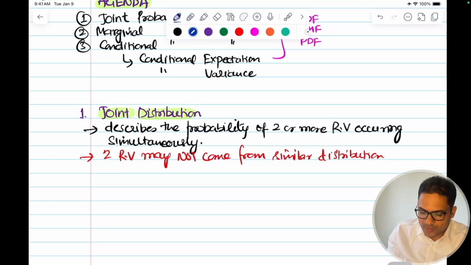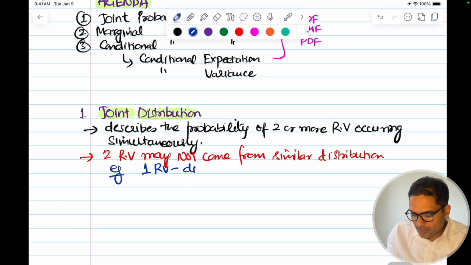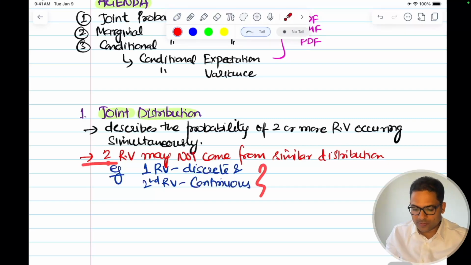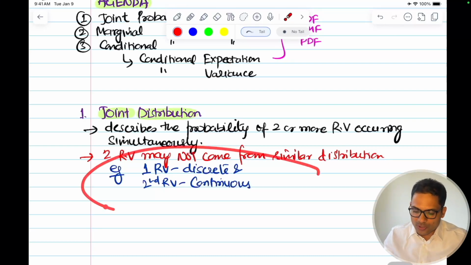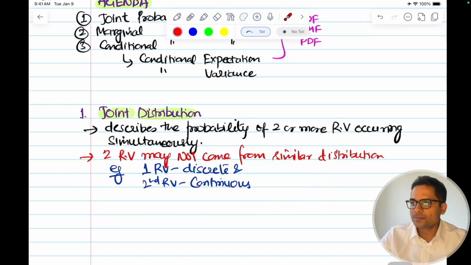For example, one RV can be discrete and the second RV can be continuous also. Even that is possible. But when we discuss, we'll be discussing two similar kinds of random variables, discrete and continuous. But this is also possible. I wanted you to know this.